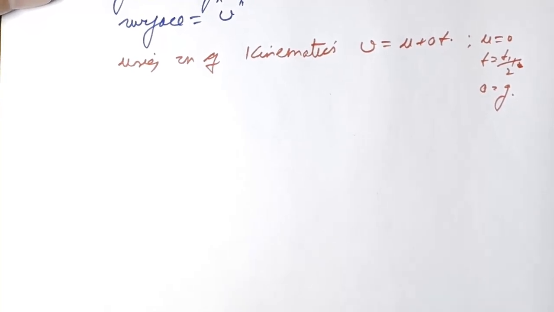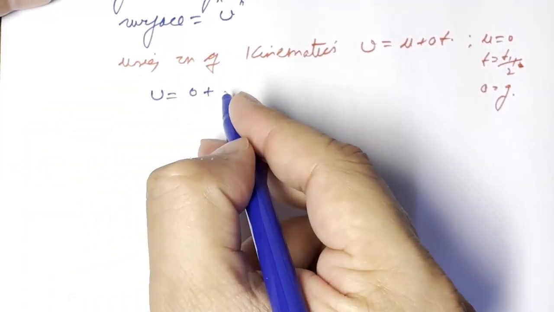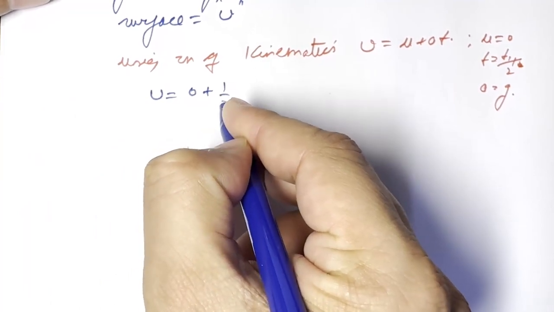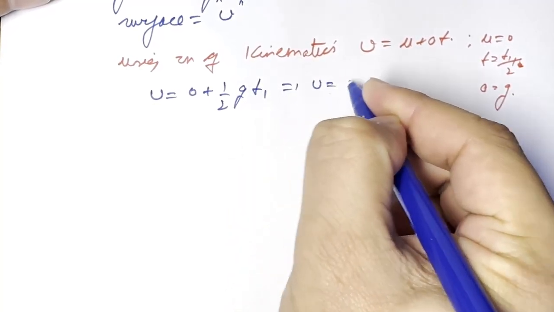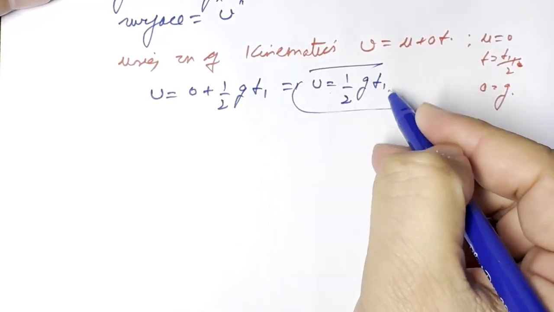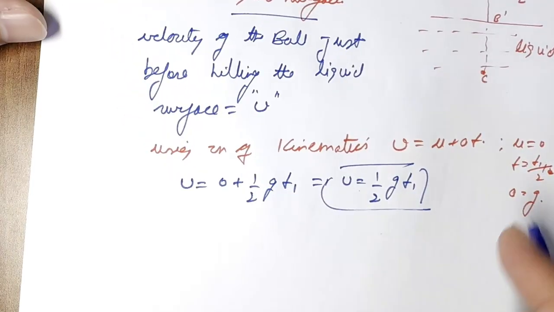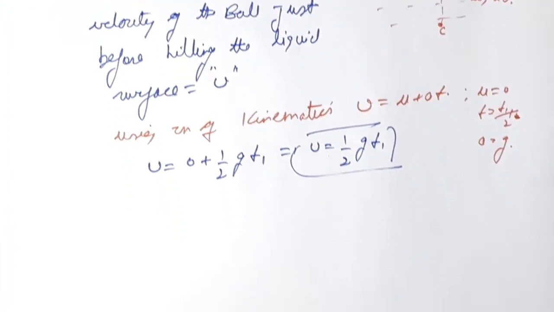Therefore V is equal to 0 plus half g T1, or V is equal to half g T1. This is the velocity just before striking at B prime.